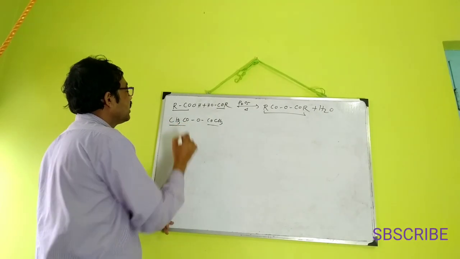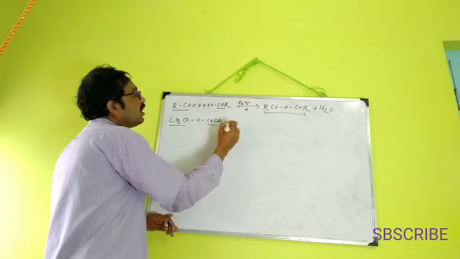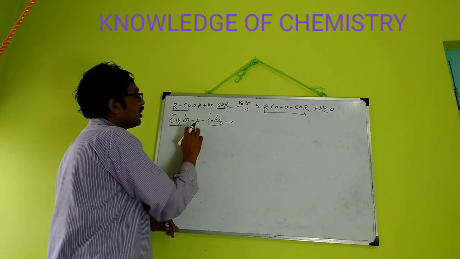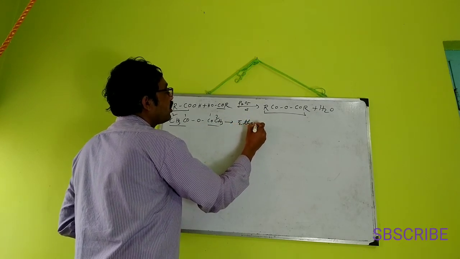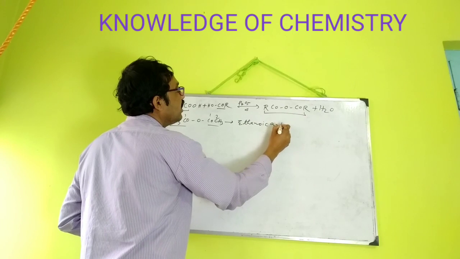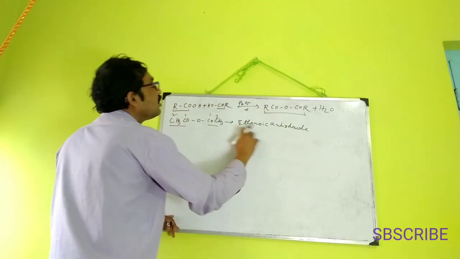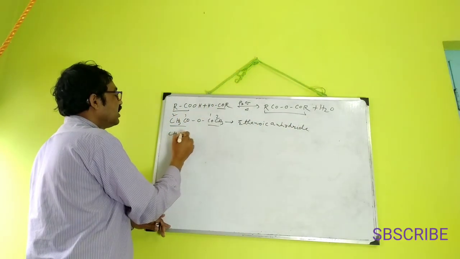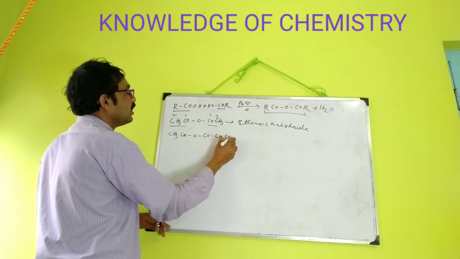Here both CH3CO groups contain 2 carbon atoms. So ethanoic anhydride will be its IUPAC name.